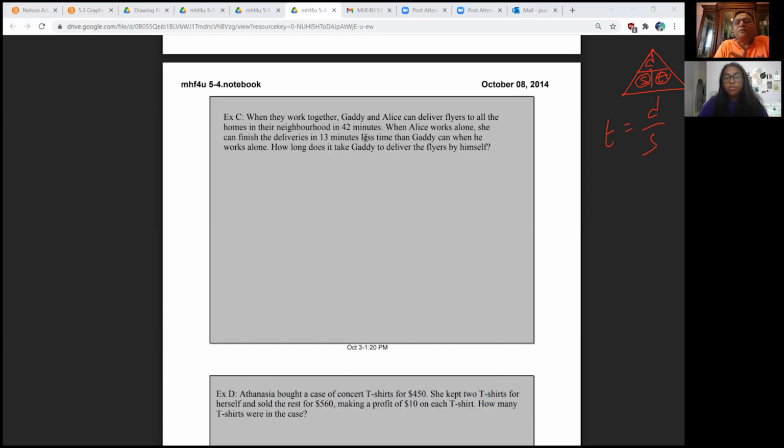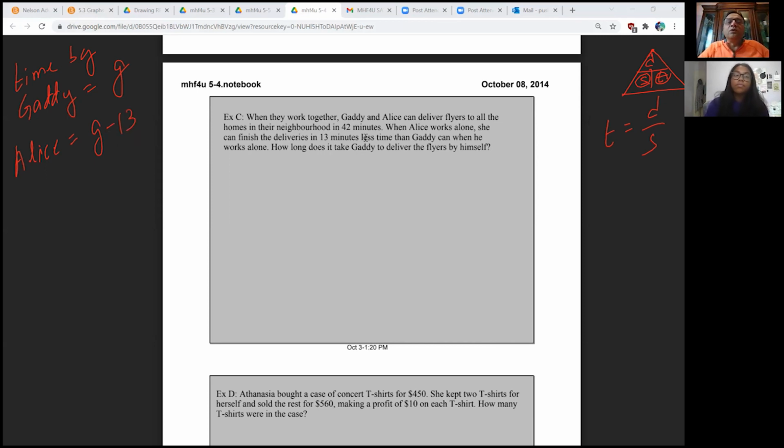So we have to define a variable. Let's say the time taken by Gaddy is G. So Alice's time would be G minus 13. Is that okay?